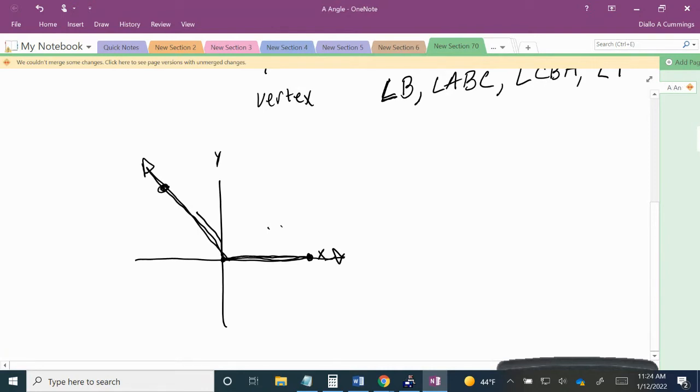Standard position means that our initial side must start along the positive x-axis. The terminal side can be rotated counterclockwise or clockwise. Normally, you'll see an arrow which indicates which way the terminal side was rotated. If the terminal side is rotated counterclockwise, we have positive angles.